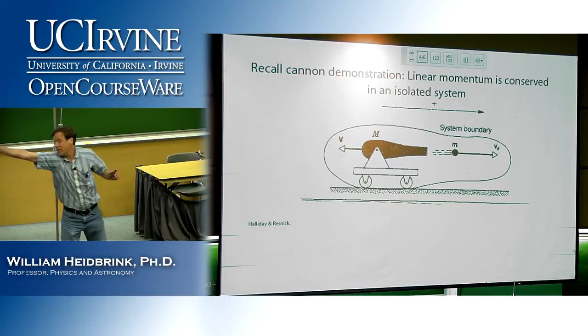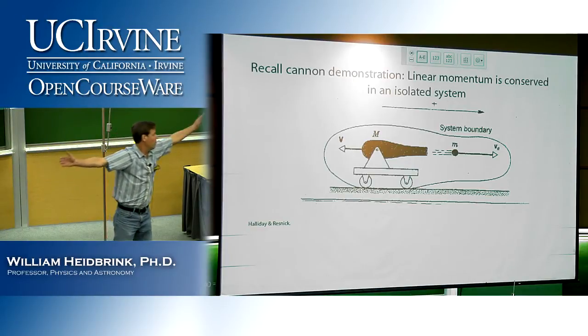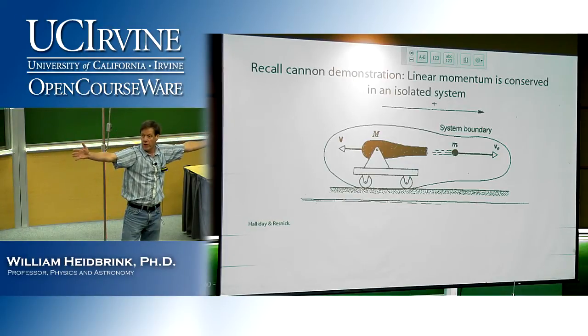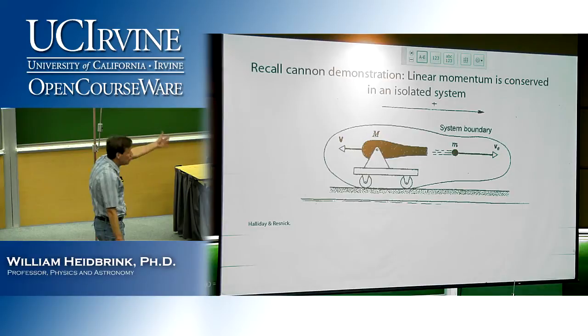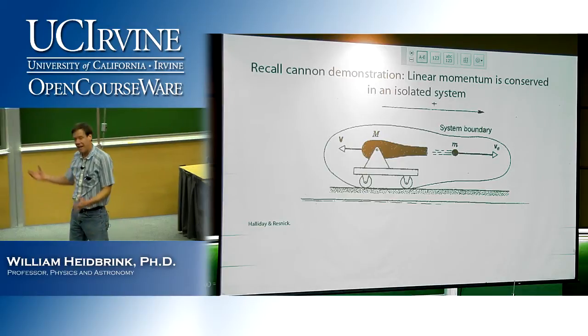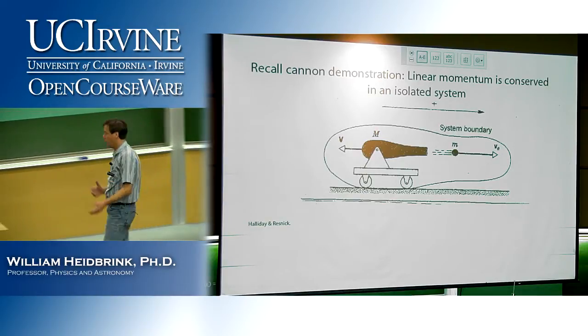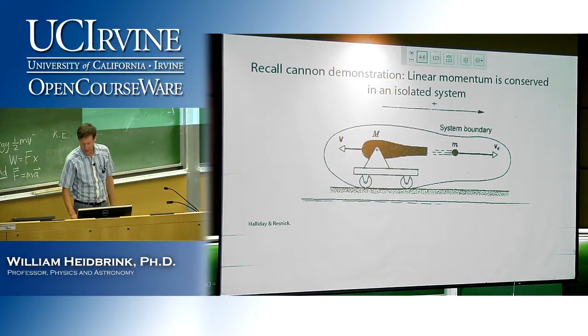So the momentum this way from the cannon has to equal the momentum that way from the cannonball, or in our case, a plastic bottle. And the cannonball has small mass but huge v. This one has big mass but little v, and the two momenta equal each other. So it's the same kind of thing where you can trade off mass or velocity, but the two are equal to each other because of this conservation property.